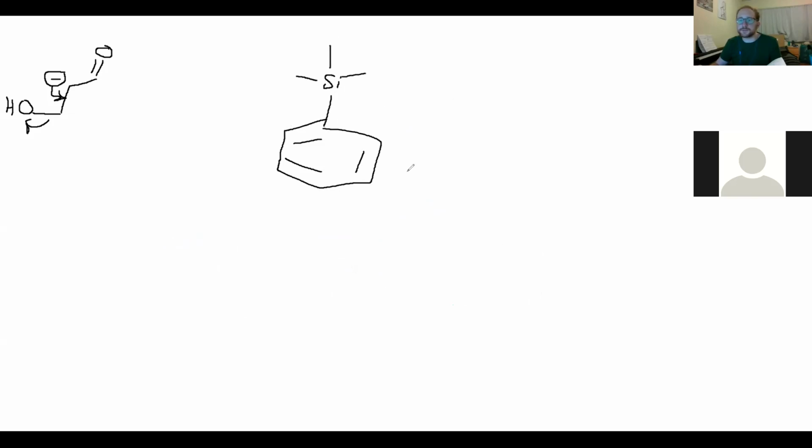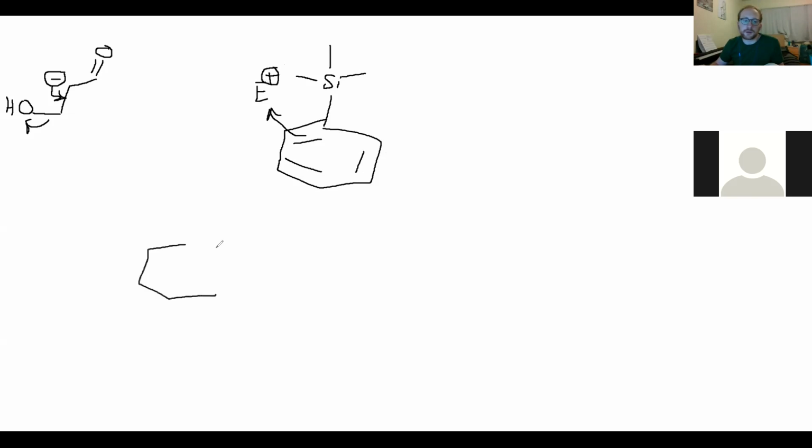These rings are pretty electron rich, and so in a lot of situations this would direct ortho/para, but instead it directs ipso, and that's a special function of silicon and some really bulky carbon groups that stabilize positive charge. And so you can think about this reacting with an electrophile of some sort.